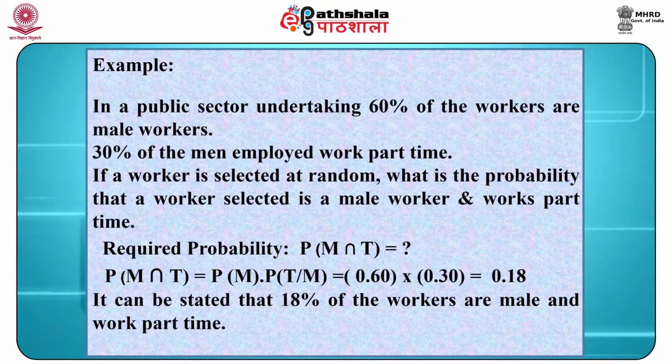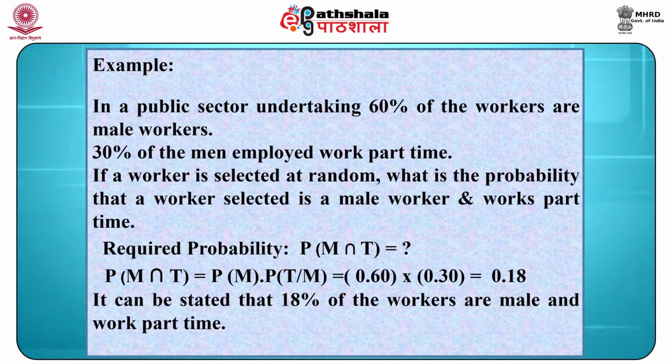For example, in a public sector undertaking, 60% of the workers are male workers, and 30% of the men employed work part-time. If a worker is selected at random, what is the probability that the worker selected is a male worker and works part-time? So, the required probability is the probability of M intersection T, which is what we are trying to find out.